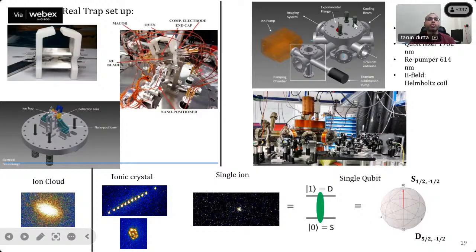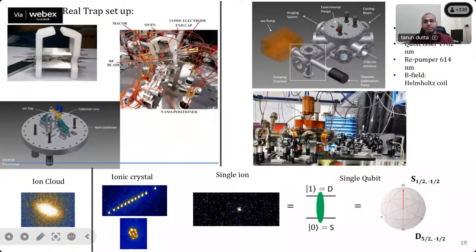That is the feedthrough, where we give potentials to create confinement for the ion. The vacuum has to be very good, so we have different kinds of pumps which bring us to a pressure of 10 to the minus 11 millibar.